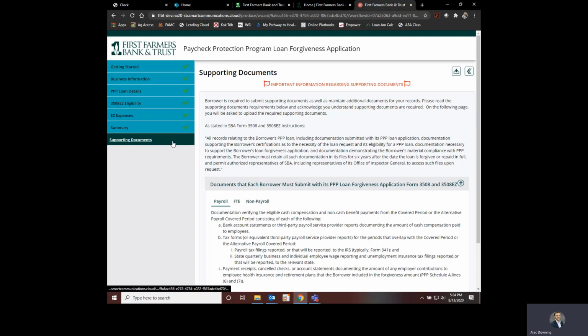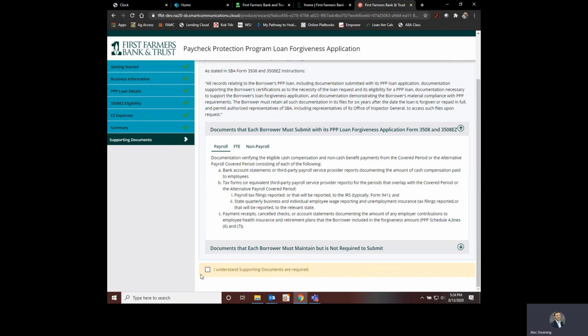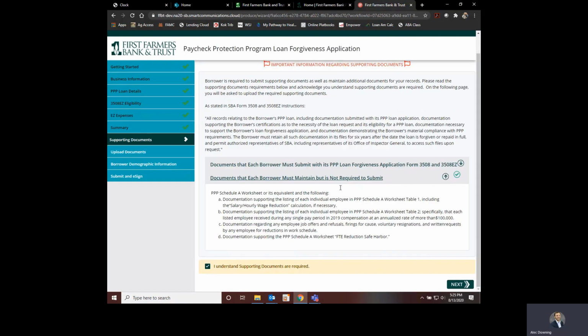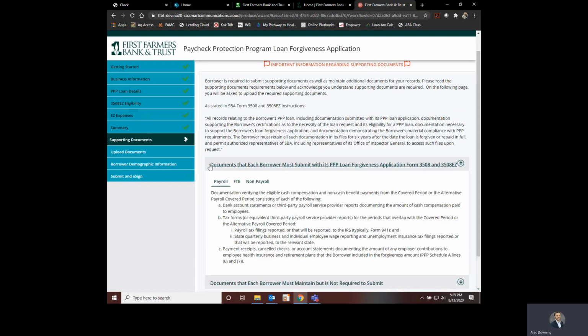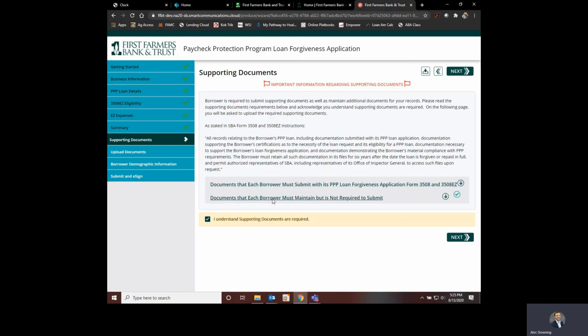All right, so we're through the summary here. Now we need to go to the supporting documents. You need to check here to understand that there are supporting documents that are required for this. You can look here at the different documents that you must submit with your forgiveness form: payroll, full-time employees, and non-payroll expense type things.